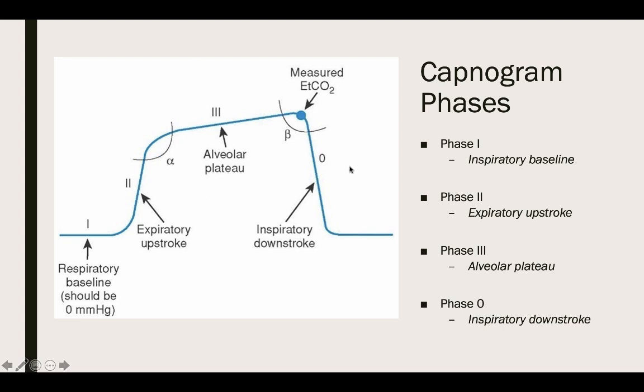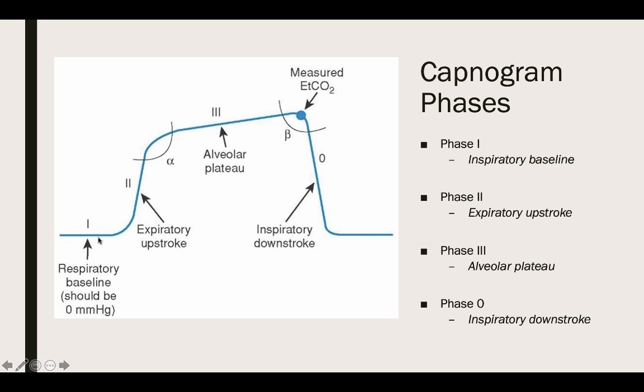Let's start with phase 0, because I think that intuitively that's the easiest way to start. We inhale, and as we inhale, we're obviously not exhaling any CO2. So we've got this inspiratory downstroke. We're inspiring, and in phase 1, this inspiration, I've just taken a breath in.